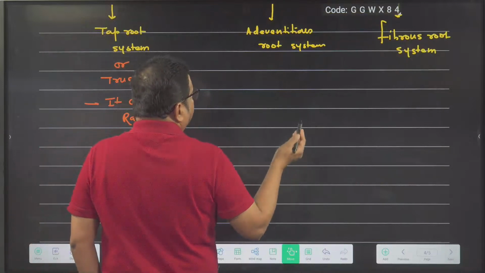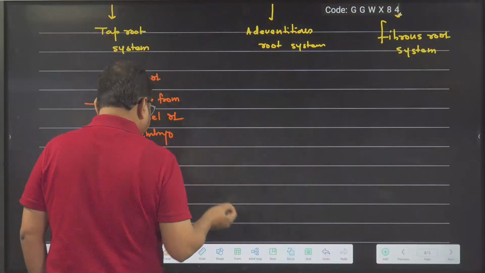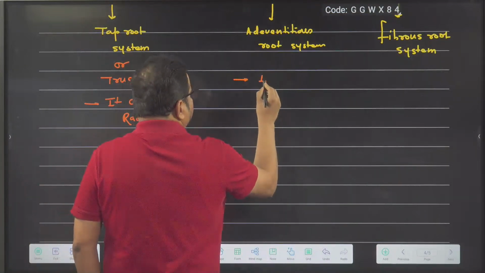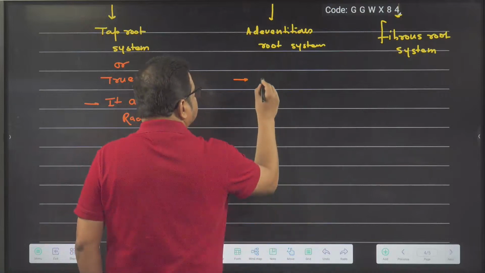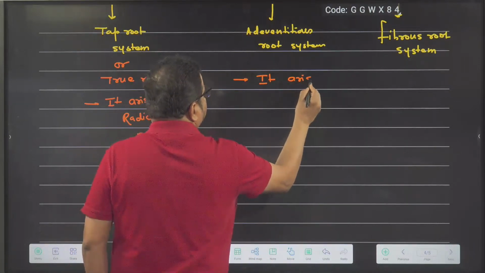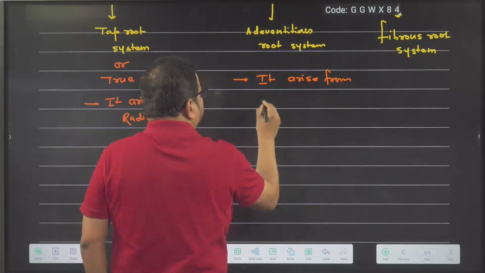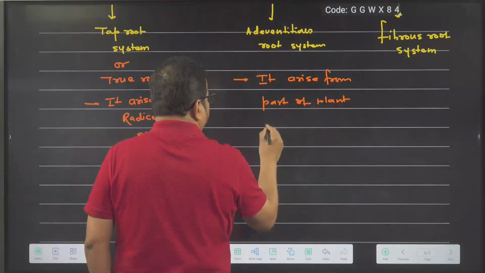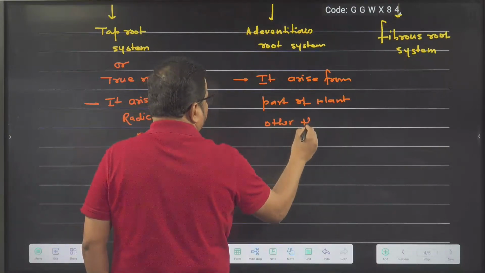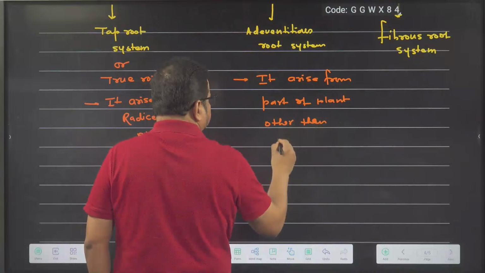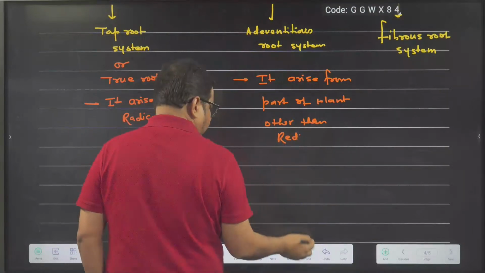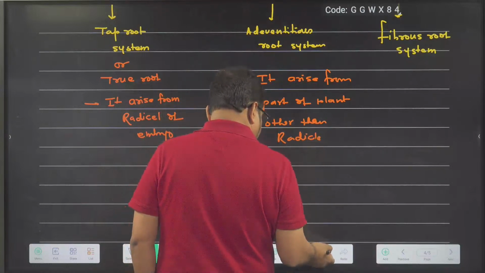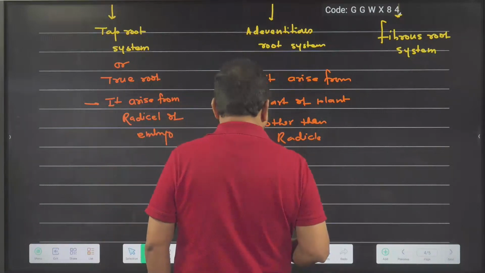Getting the things or not? If we talk about the adventitious root system, it arises from a part of the plant other than the radicle. Got the idea?